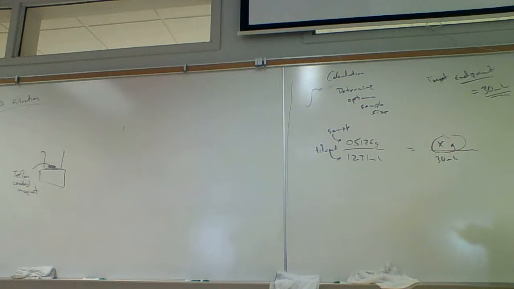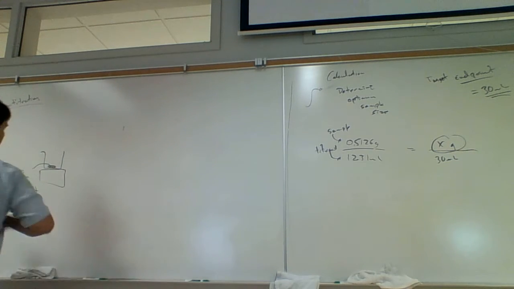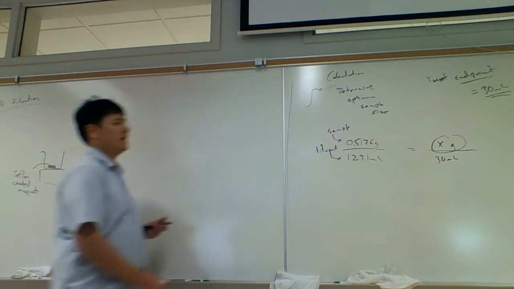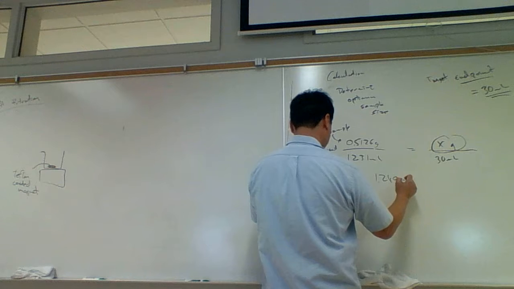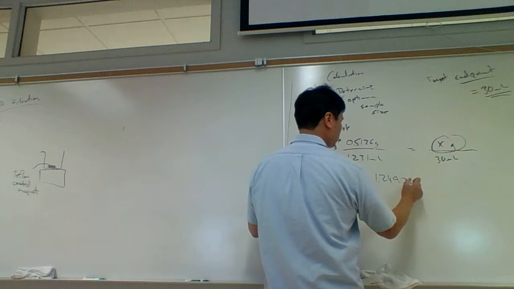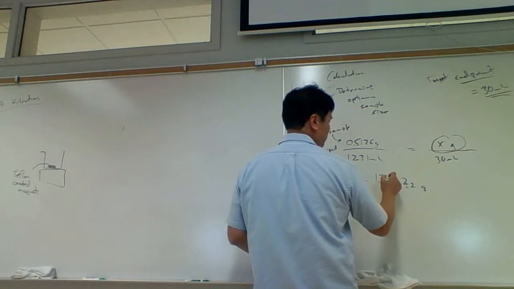Your numbers are going to be totally different, or they might be similar. 0.5126 times 30 divided by 12.31 gives me 1.2492. So my optimum sample size I calculated is 1.2492 grams. And so this gives me an idea.